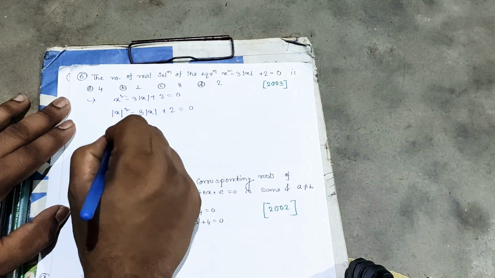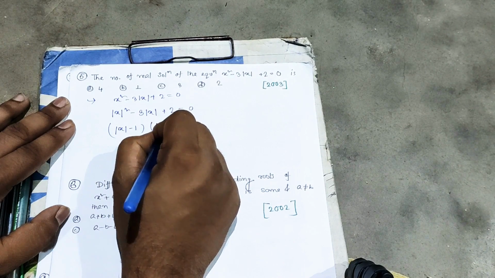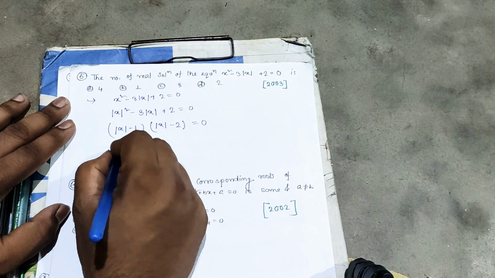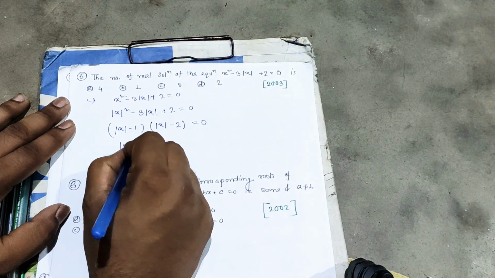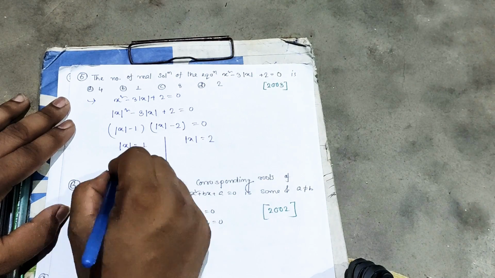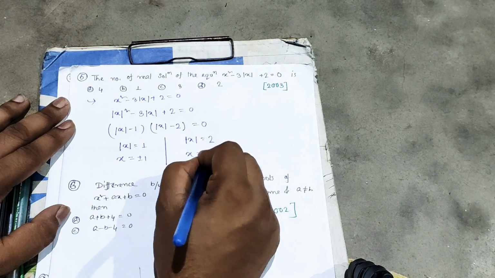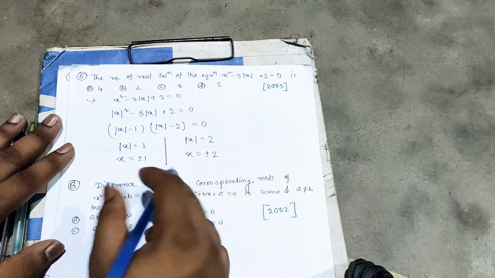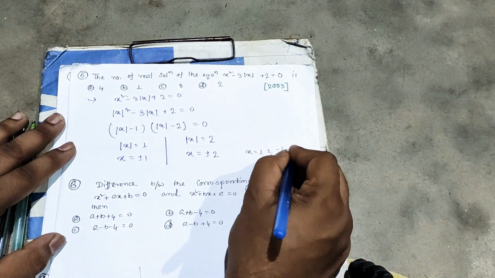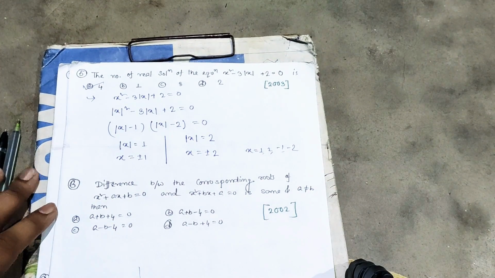So I can write it as (mod x minus 1) multiplied by (mod x minus 2) equals 0. So there will be two cases where mod x equals 1 and mod x equals 2. So x equals plus minus 1, and from here x equals plus minus 2. So there are a total of 4 solutions, that is x equals 1, 2, minus 1, minus 2. So option A is the correct option.